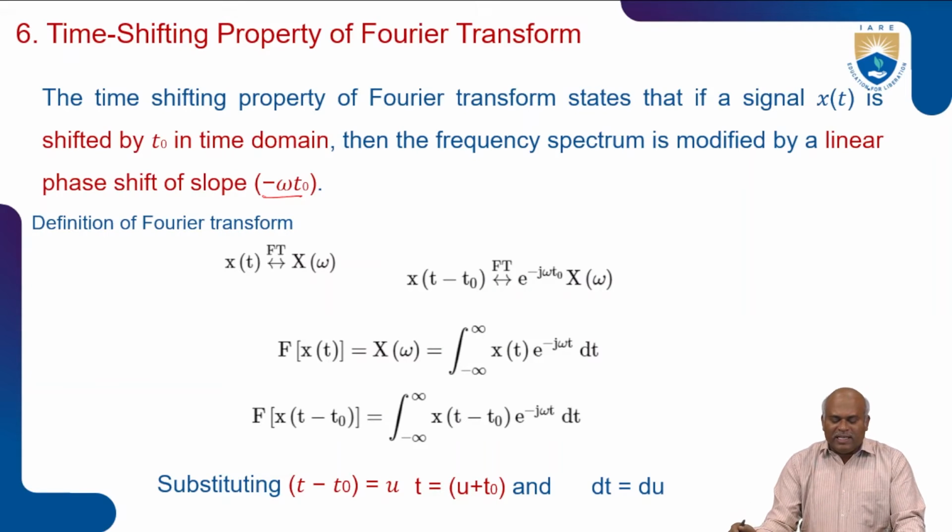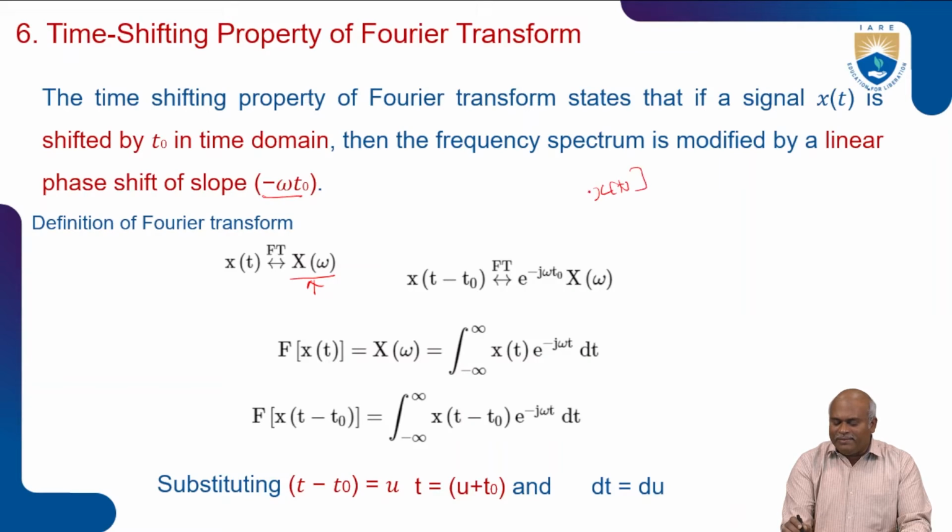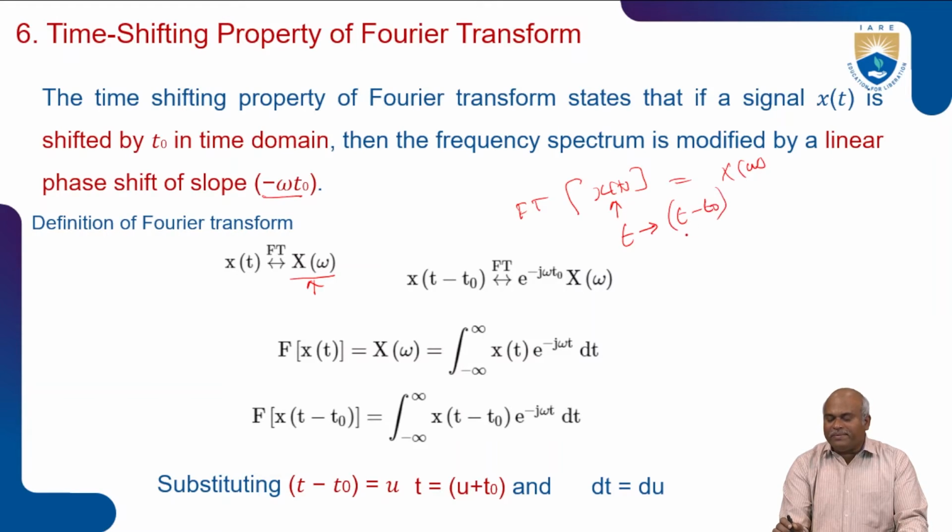Okay. As the definition of Fourier transform, the Fourier transform of x of t is represented as capital X of omega. Based on this, we take the time shifting. We take the input x of t, then its Fourier transform is X of omega. Now this x of t is shifted by t0 time.